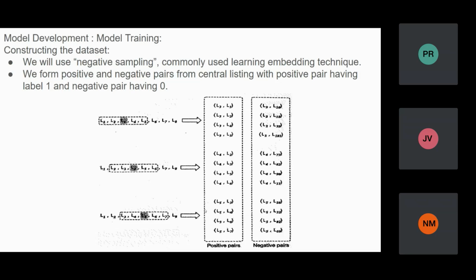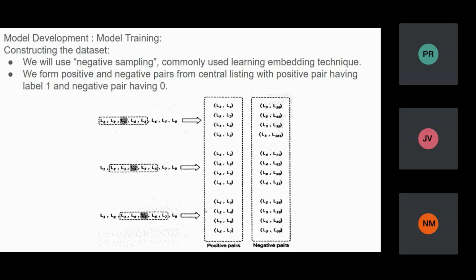So as the window slides in the sliding window method, the central and context listings will form the positive pairs, and also the central and randomly sampled listings will be used for forming the negative pairs.